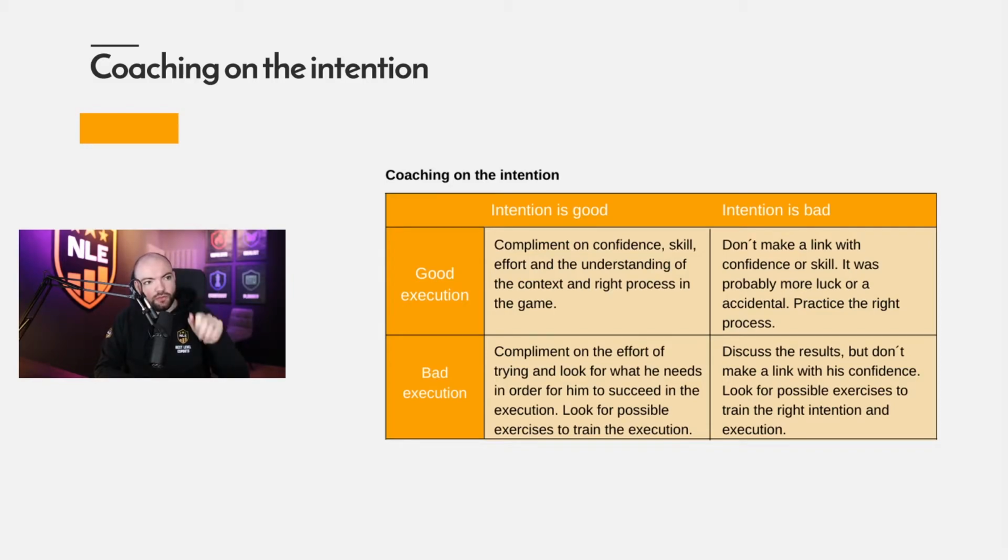So first off, we have when the intention is good and there's a good execution. You really want to compliment the confidence, skill, effort, and the understanding of the context and right process in the game. They took the right steps and had the right mindset in order to execute and get the results that you want from that specific action.